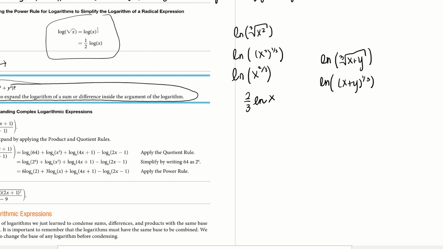Now here, since I do have something operating on the parentheses and those together, I can bring that 1/3 out. But when I get down to just addition or subtraction, I can't do that anymore. So this is where we would stop here.